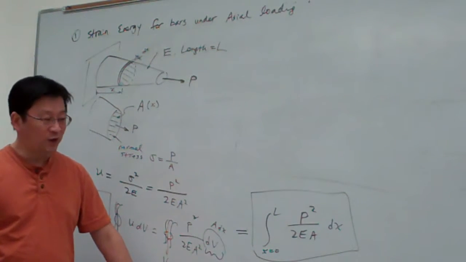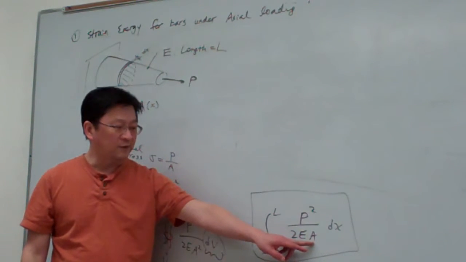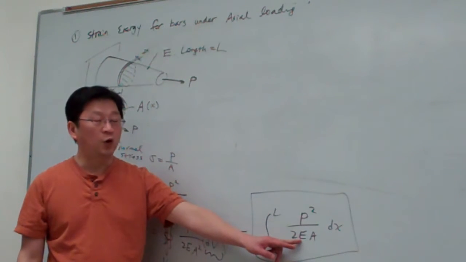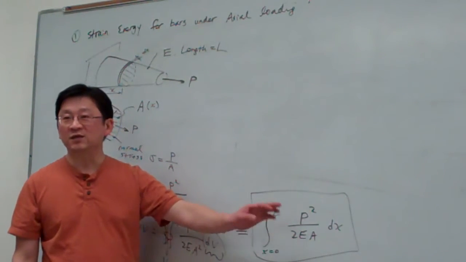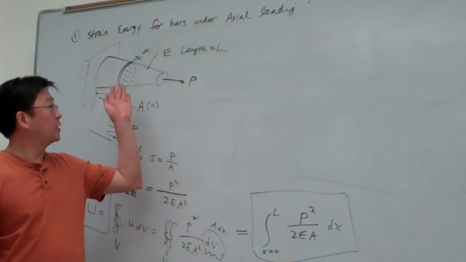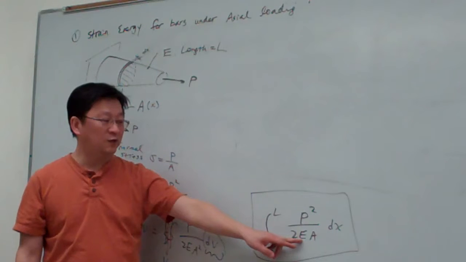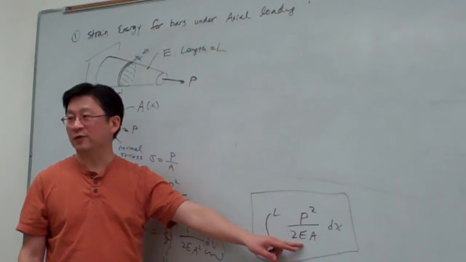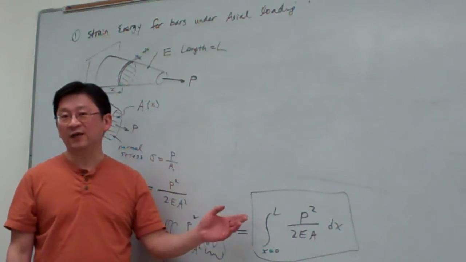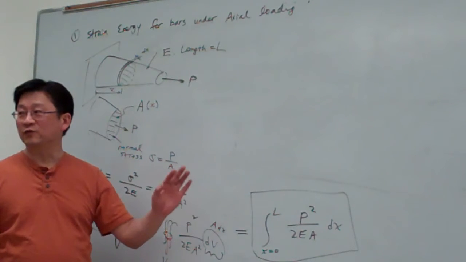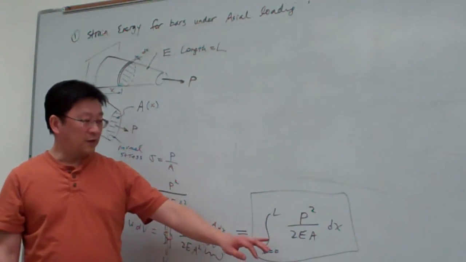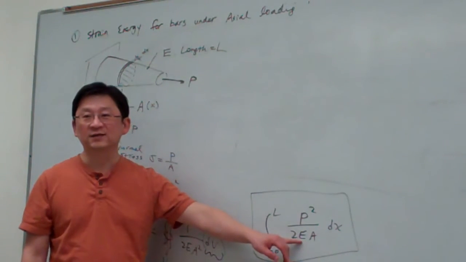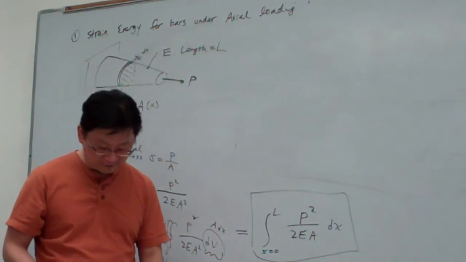If the material is not homogeneous, meaning the material property is not the same everywhere, then E could be a function of x as well. So we leave E here to be more general. We can take out E if E is constant. Otherwise, we leave it. In these chapters, most of the questions have E constant, but here we just leave it.